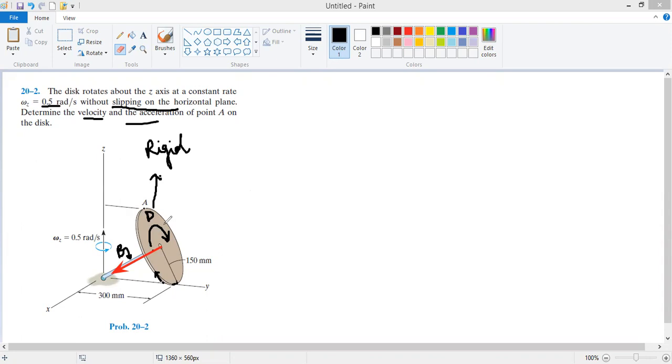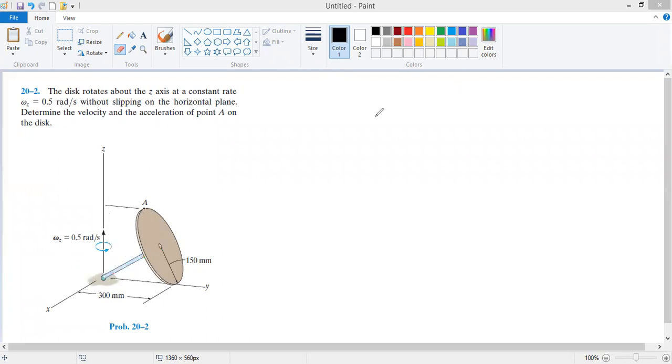Apart from the disk being the rigid body, we have two frames of reference. One frame of reference will be attached to this bar; we'll call it the bar frame of reference. We also have the ground frame of reference, where O and O prime, the center of the ground frame and the center of the bar frame, coincide.